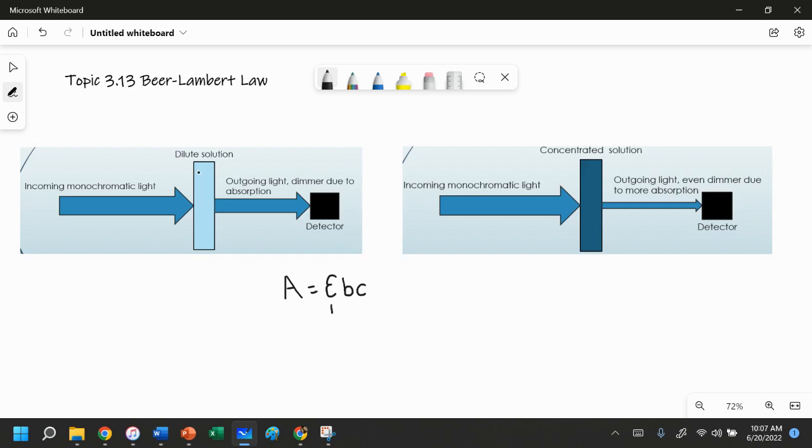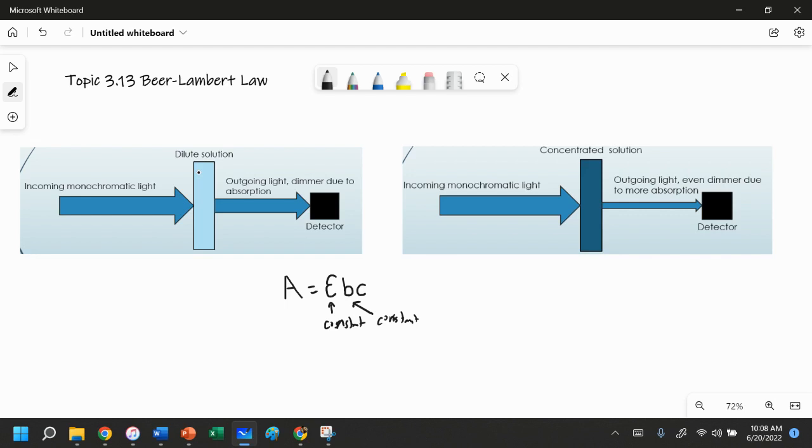Now, an important thing here is that for a particular wavelength, this is going to be a constant. Also, typically in any experiment, we're going to keep the distance that the light passes through constant also. What this means is that the absorbance is directly related to the concentration, keeping the other two variables constant.